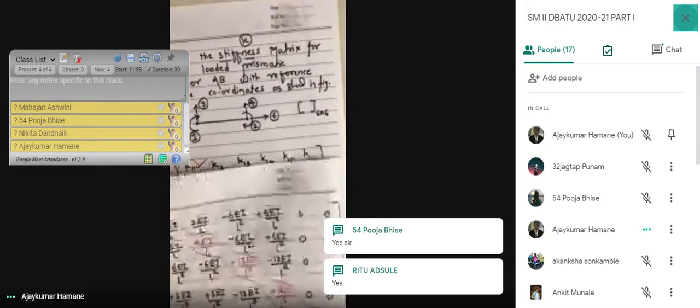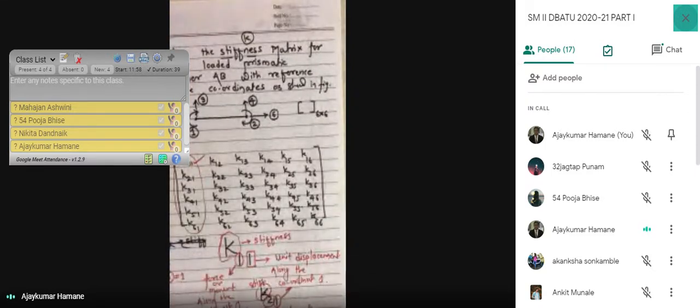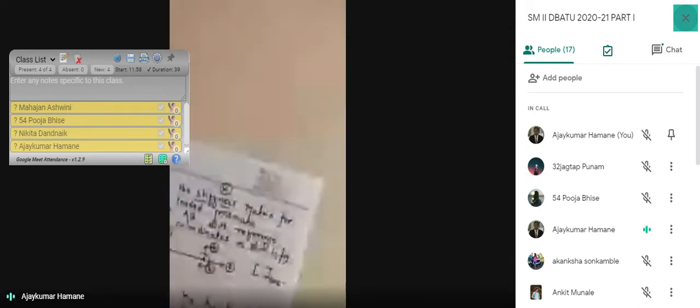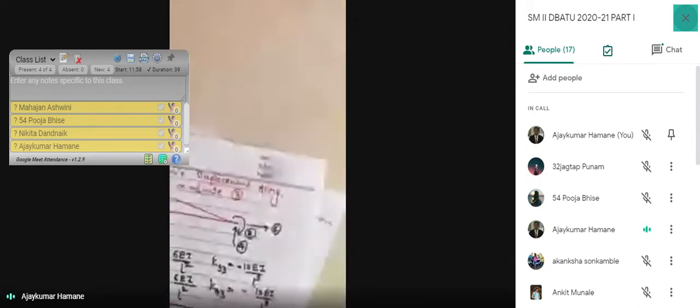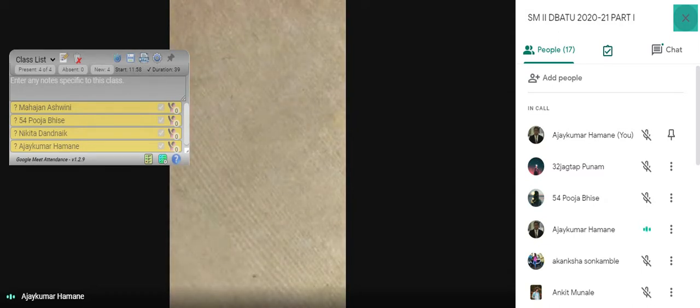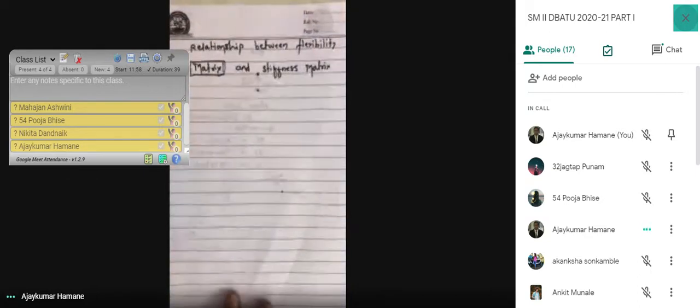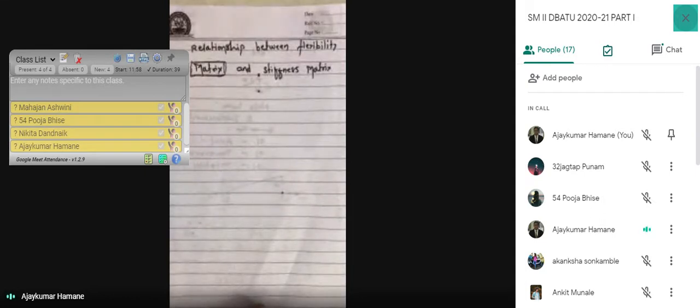Okay. So now we'll come to our original topic. Now we'll see the relation between stiffness and the flexibility matrix.